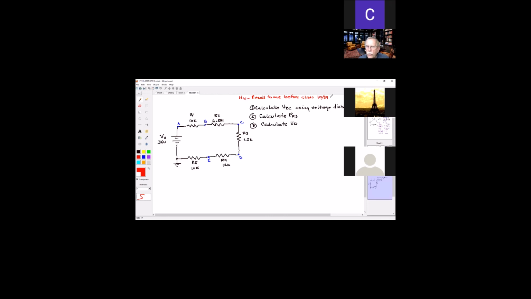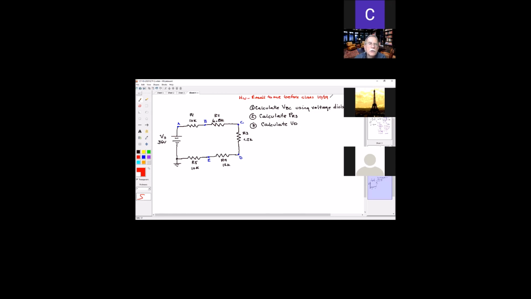Okay, for homework, once you've gotten the problem down, you can head out. Email this to me before class starts on Thursday. You're going to calculate VBC using voltage division. Calculate the power dissipated by resistor 3.